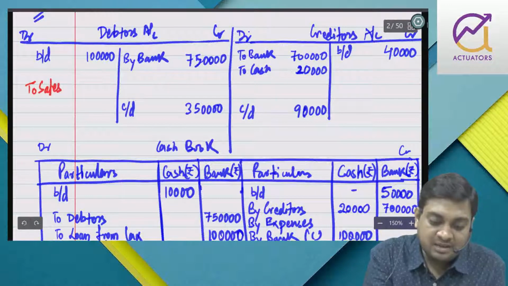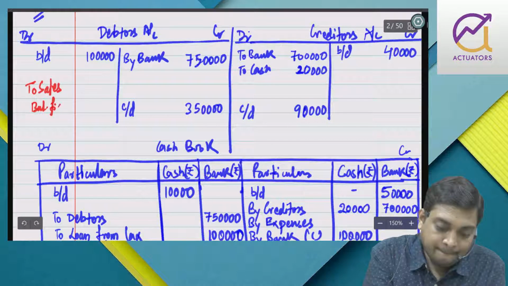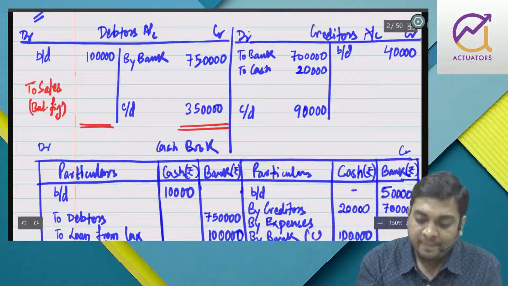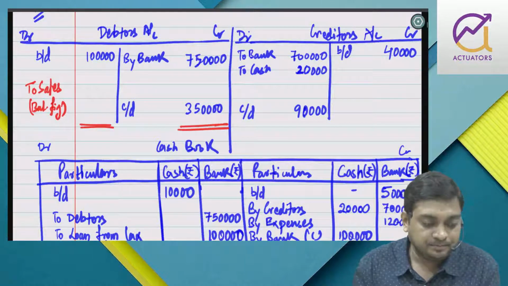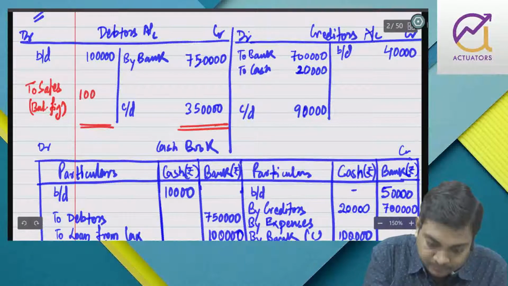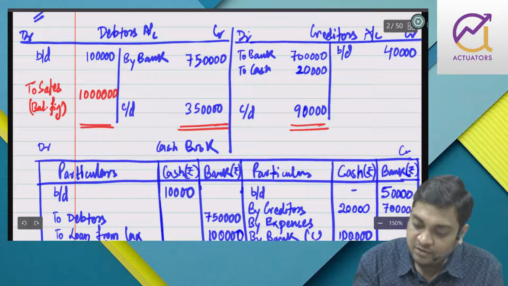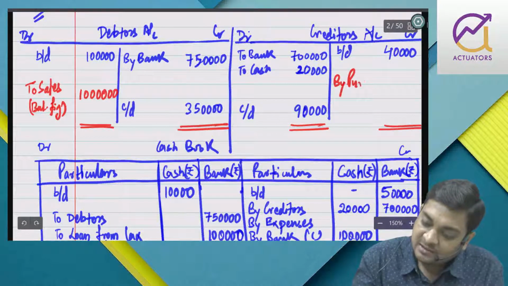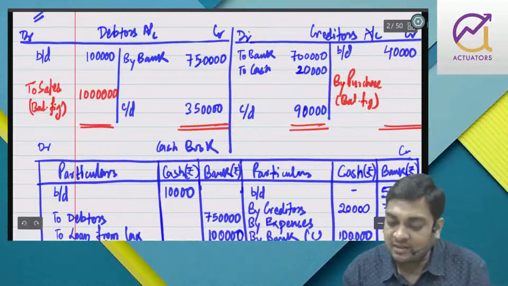Now, if I see debtors, it will be to sales, balancing figure, credit sale. That is 10 lakh rupees, very simple. And if you see creditors, that will be by purchases, again a balancing figure.